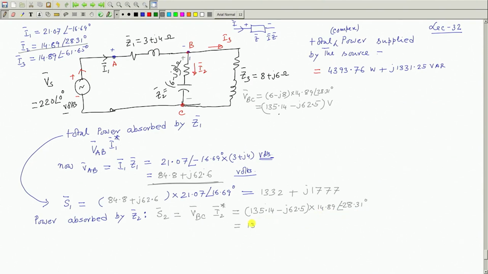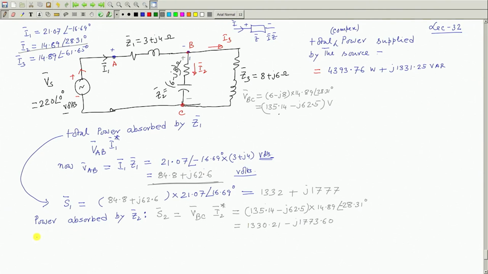And this calculation, as per my calculation, is becoming 133.021 minus j 1773.60. This will be the power absorbed by Z2. Anyway, we will confirm this calculation.